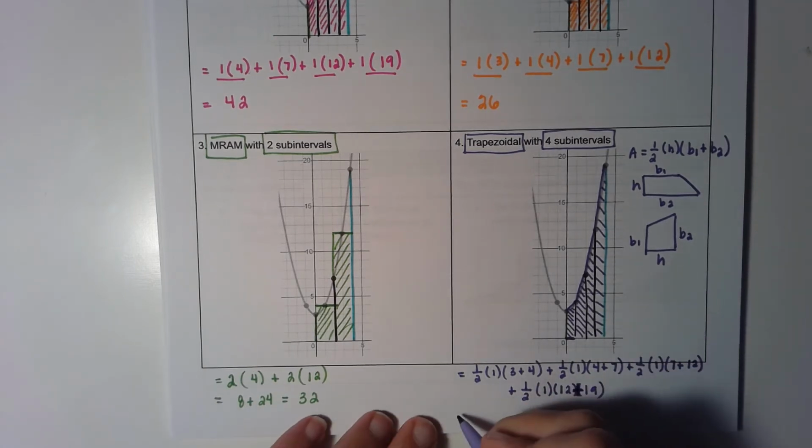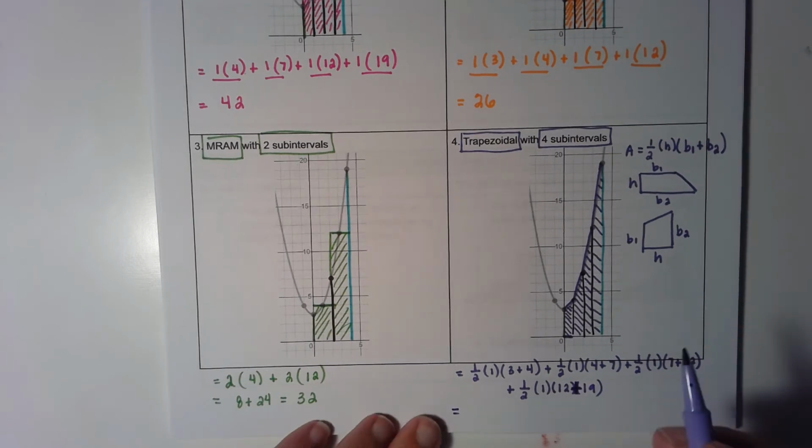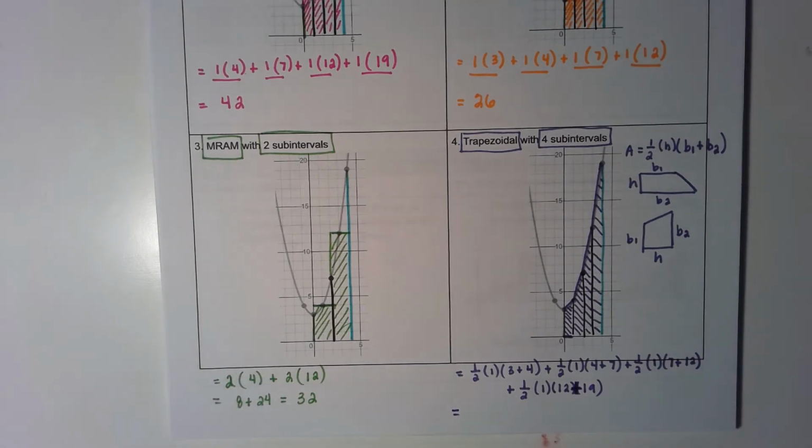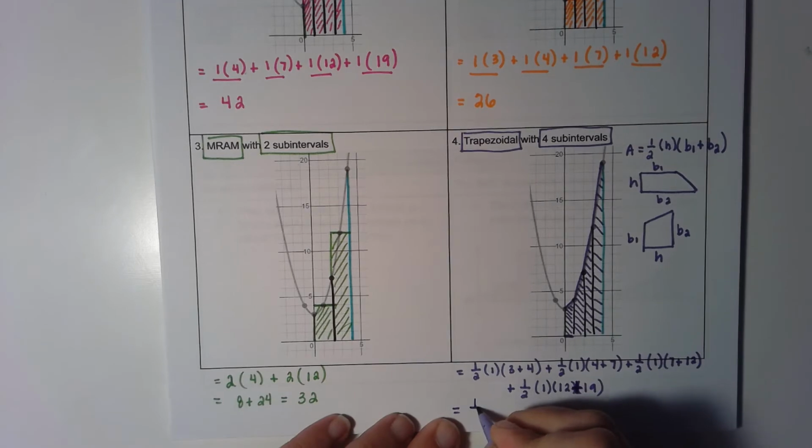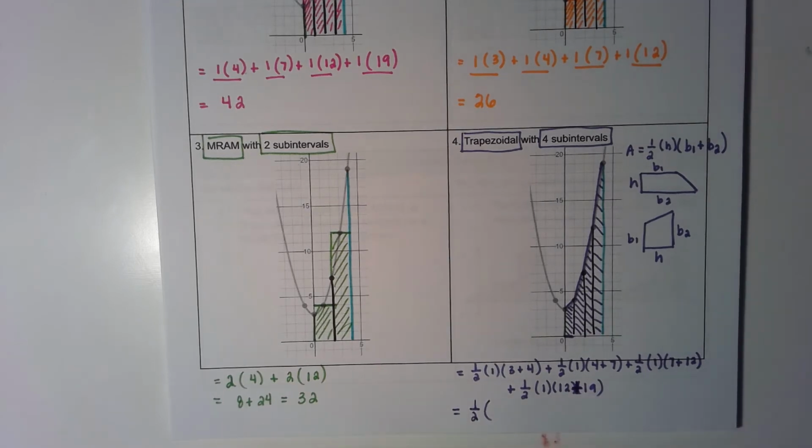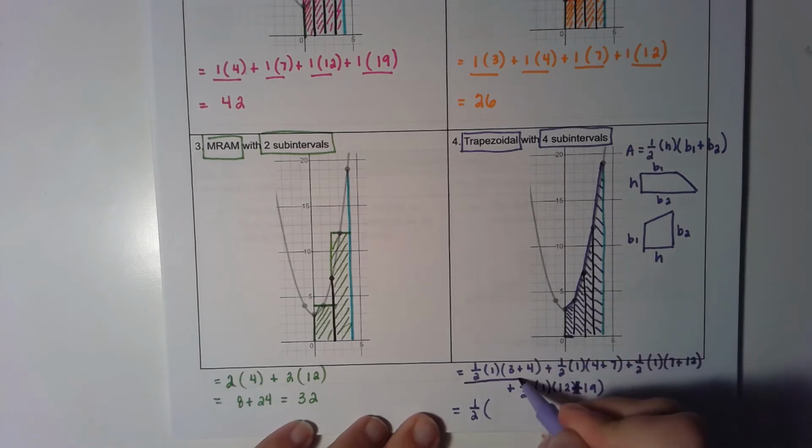All right, so to figure this out, I'm going to do some calculations here. I'm going to deal with the 1/2 in a second because everything is multiplied by 1/2. So you can think about that as factoring out the 1/2 of every one of these trapezoids that I'm going to be adding up.